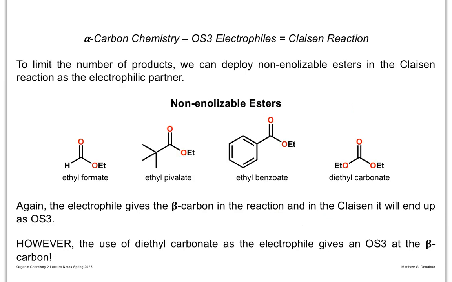Okay, so the same way that you control the aldol, you can control the Claisen using non-enolizable esters. So here's some examples of those. Notice the ester nomenclature, there's ethyl. So ethyl, 1-carbon aldehyde, ethyl formate.